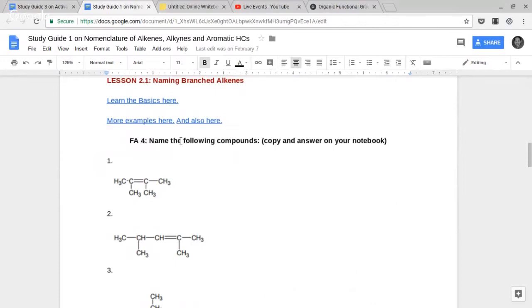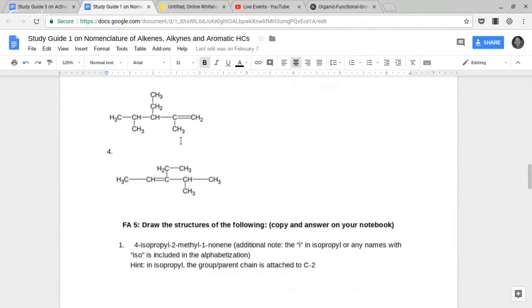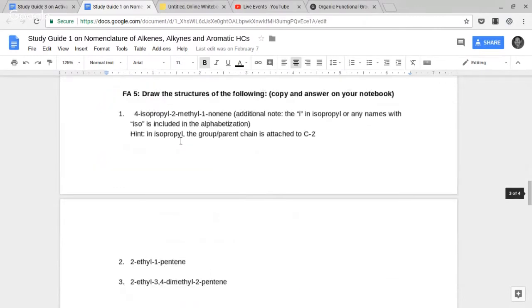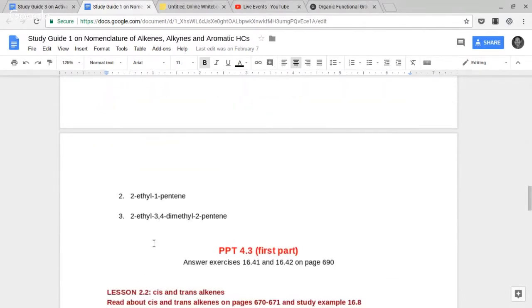So the first basis for numbering is no longer the branch. The branch will be secondary, but the basis for numbering will always start from where the double bond or the triple bond is nearest. I hope I made that clear. Then recall how you answered your formative assessment number 5 and the drawing. All of these answers are found in your notebook, so please go over them.